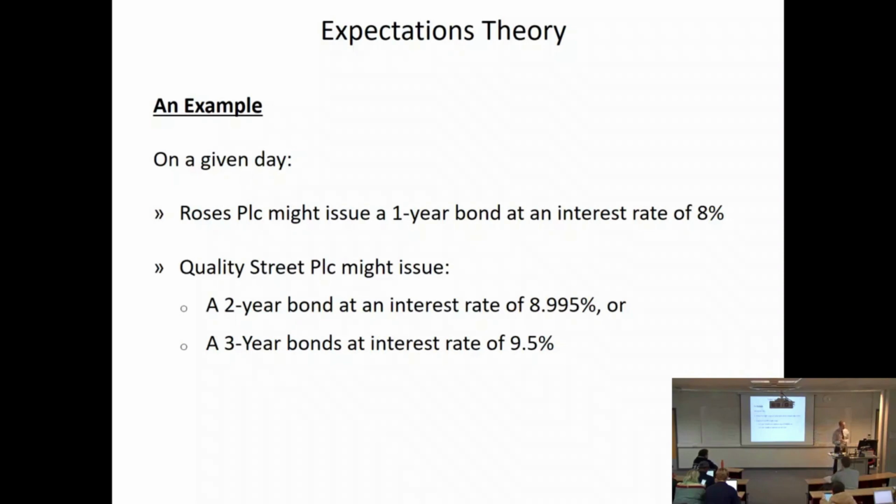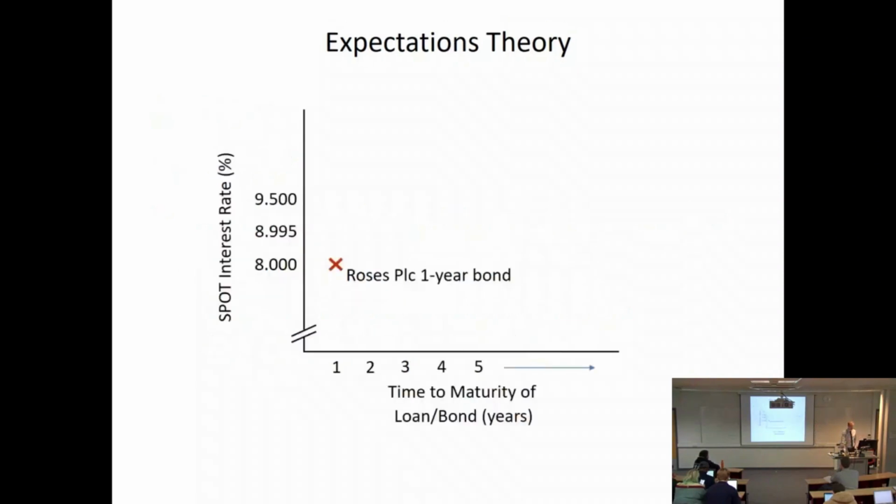Now I'm going to show you the maths behind 2 1-year bonds and a 2-year bond will have a rate of return the same, and that's the idea of expectation theory. If I plot on a graph, you have the 1-year bond there, the 2-year bond there, 3-year bond there.